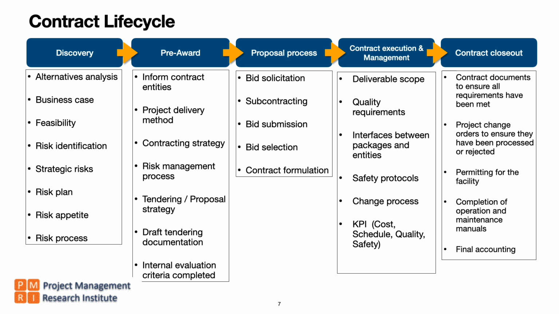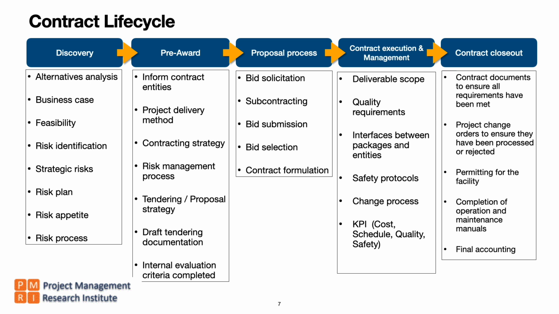The potential vendors submit their bid, then bid evaluation, bid selection happens, and contract formulation also happens. That is the proposal process. And at this stage, the contract is signed by the owner and the contractor and the subcontractors. And then it moves on to the contract execution and management.